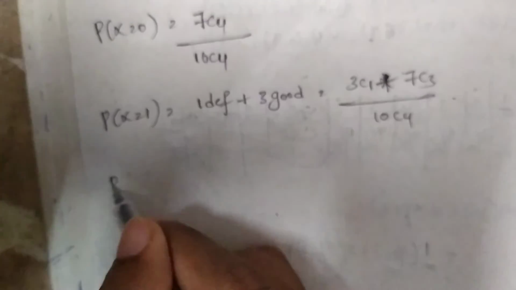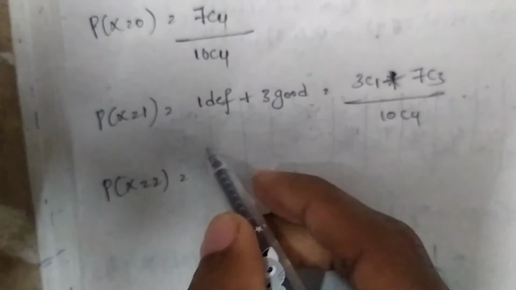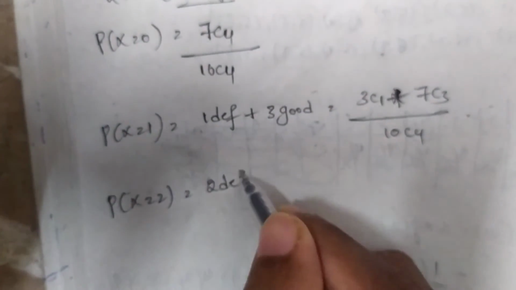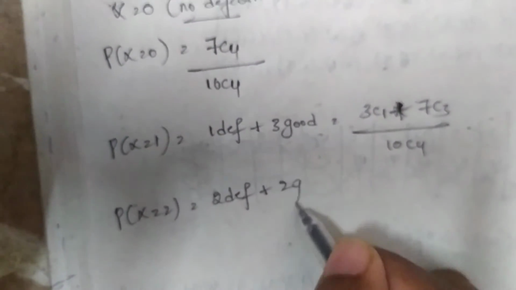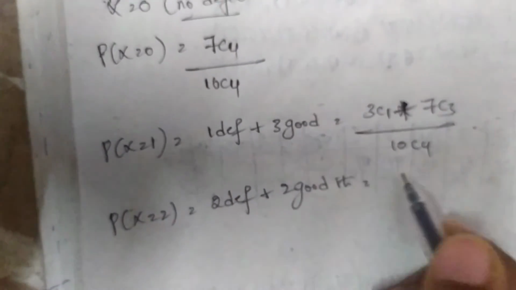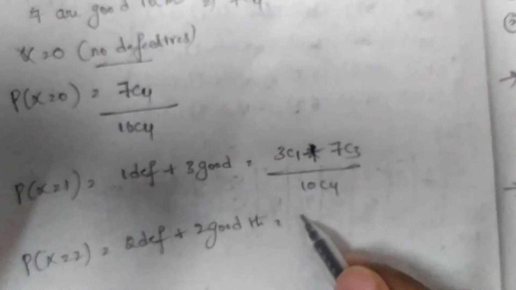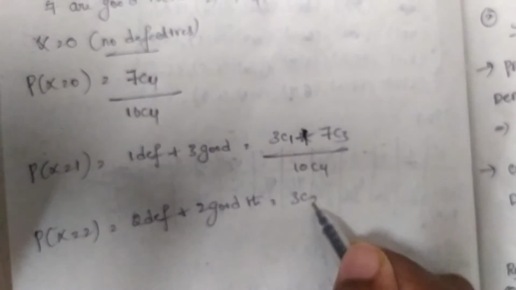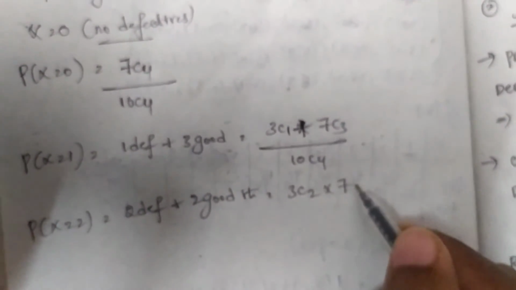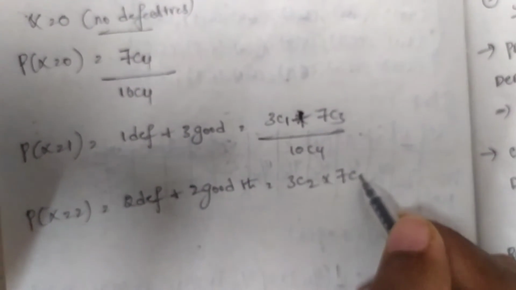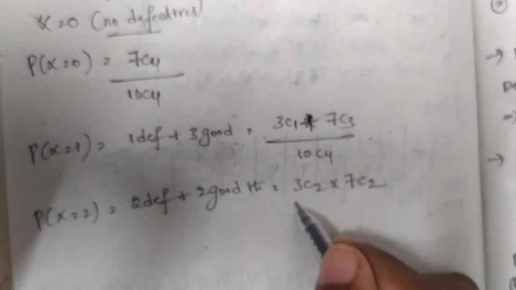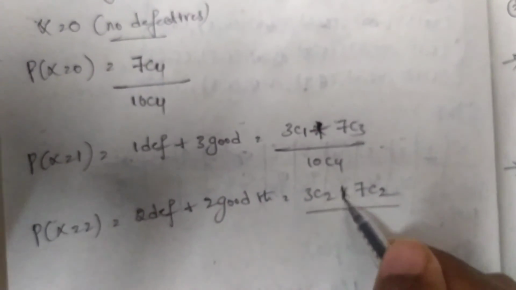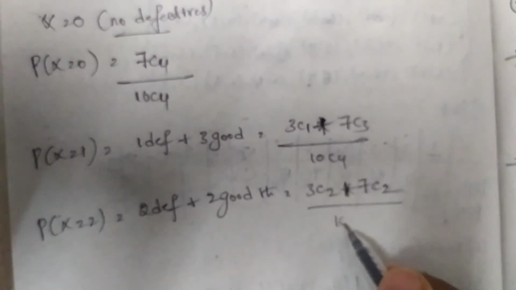For p of x equals 2, we take 2 defective items and 2 good items: from 3 defective we take 2 and from 7 good items we draw 2, that is 3C2 into 7C2 by 10C4.